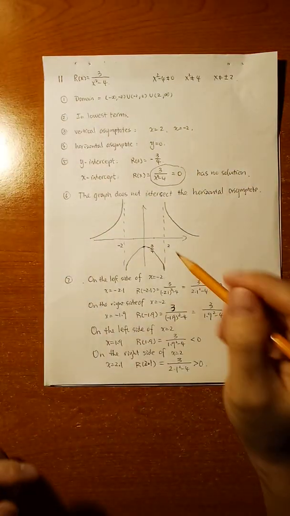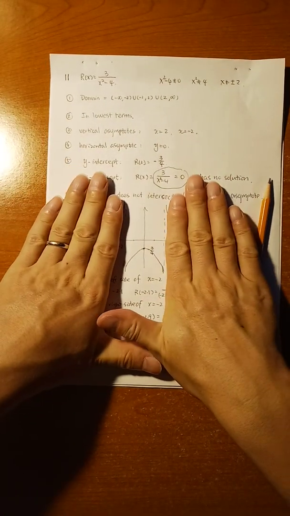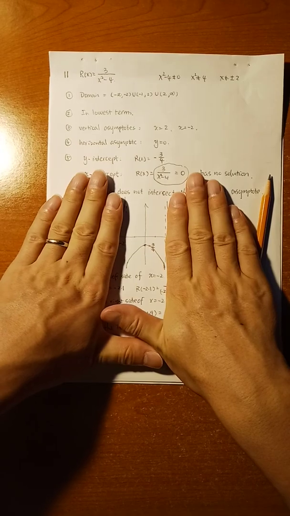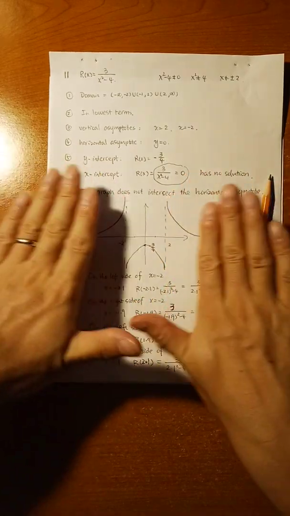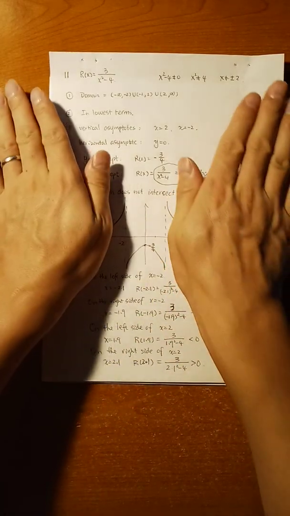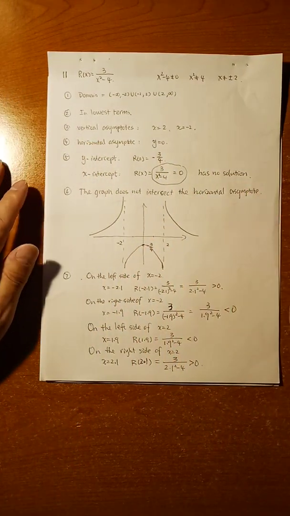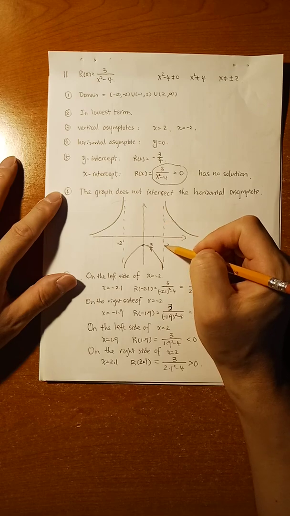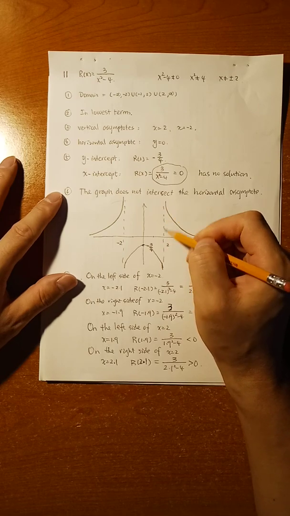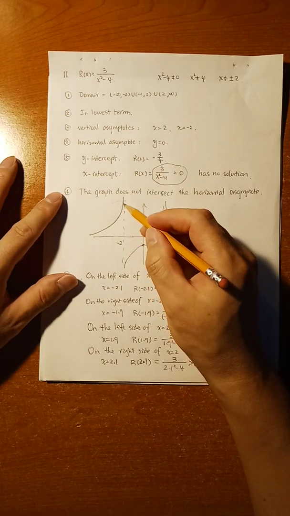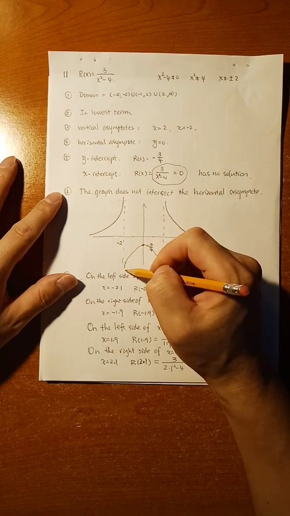Over any finite interval, you don't consider anything about the horizontal asymptote. For example, this is a finite interval. You just use a smooth curve to graph it. And around the vertical asymptote, on the left side and right side, you need to determine the sign, positive or negative.